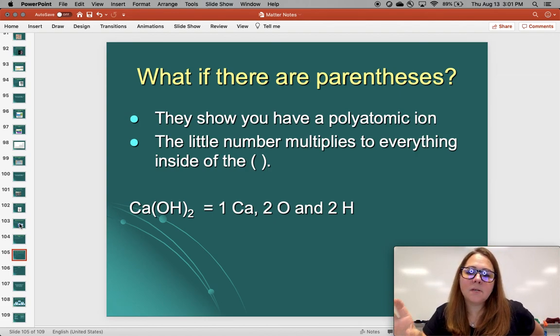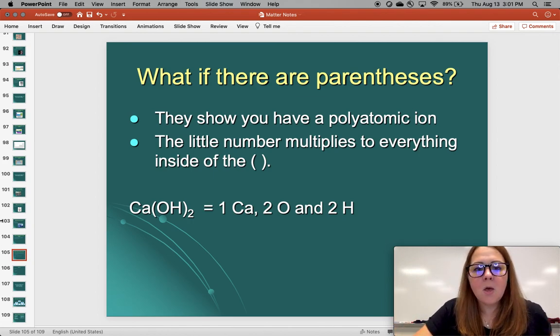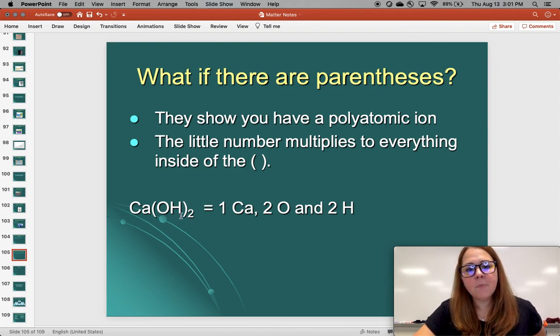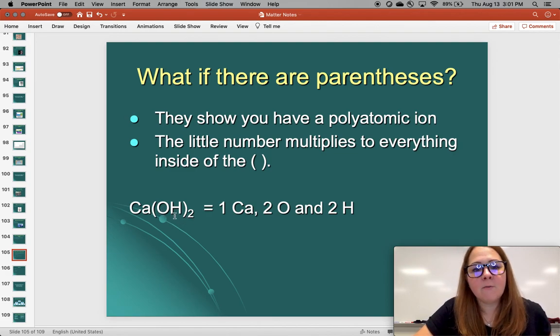The parentheses actually is like the distributive property, where I have a 2 after my OH in parentheses here. With that 2 in the parentheses after it, that 2 actually goes to both of those, distributes to both of them, not the calcium, because the calcium is outside the parentheses.